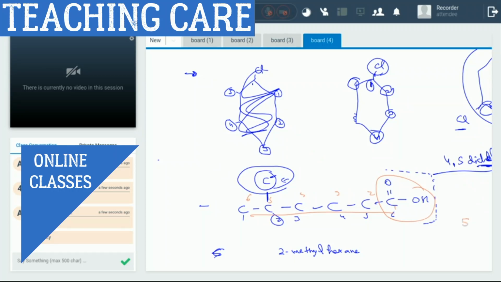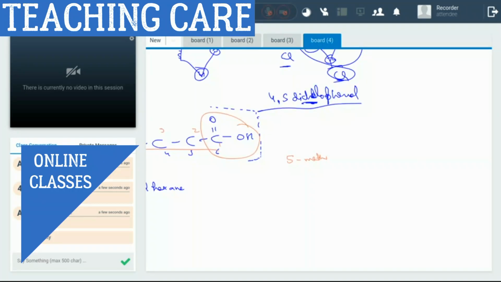So now it becomes 5 methyl hexanoic acid. Am I right? Why? Because it is a 1 hour class, right? Okay, so this is 5 methyl hexanoic acid.